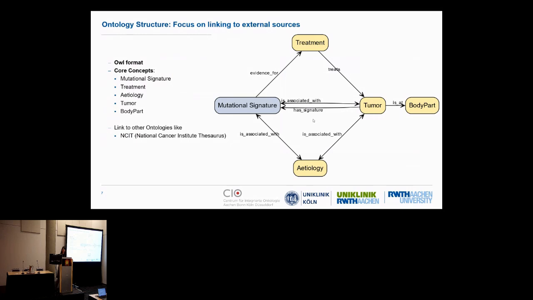Other important classes are etiologies and, of course, body parts. What I'd like to highlight here is that for us, it was important to relate to other types of ontologies. So actually only the blue-grayish mutational signature on the left is represented in our ontology, whereas the other nodes are linking to the National Cancer Institute's thesaurus.